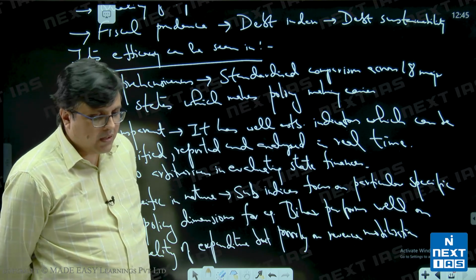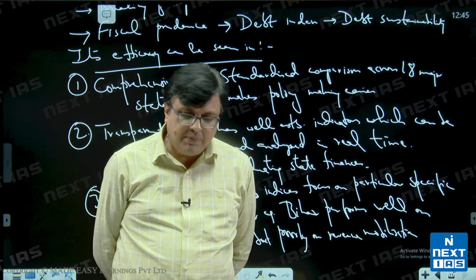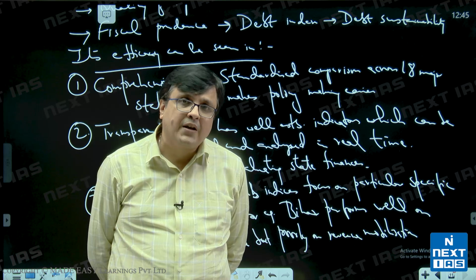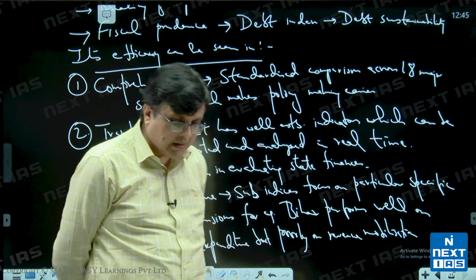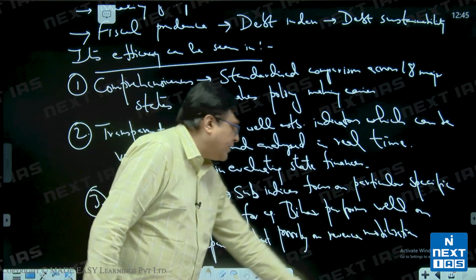And then we get a time period trend over a long time, which will help in establishing a better understanding of state fiscal health. That is the fourth efficacy of FHI.